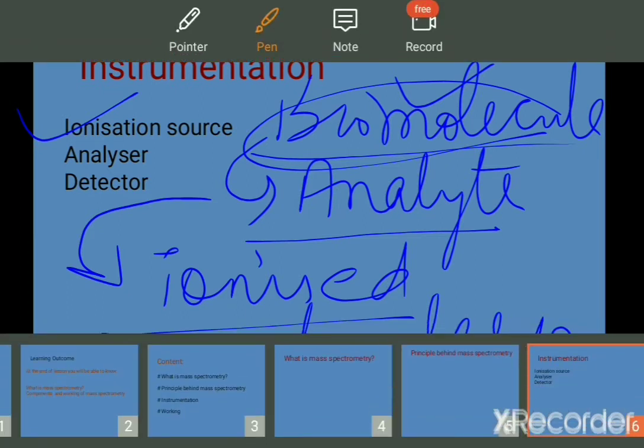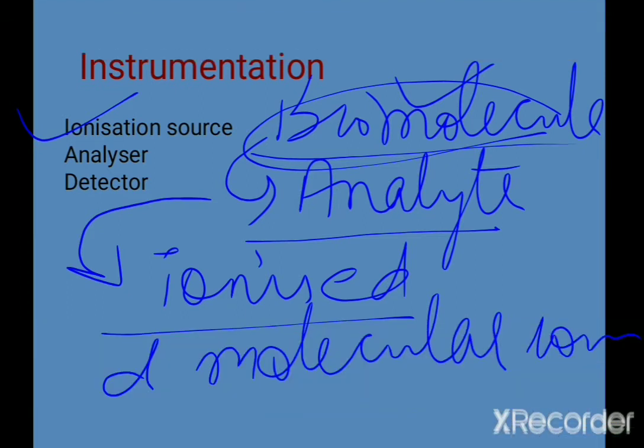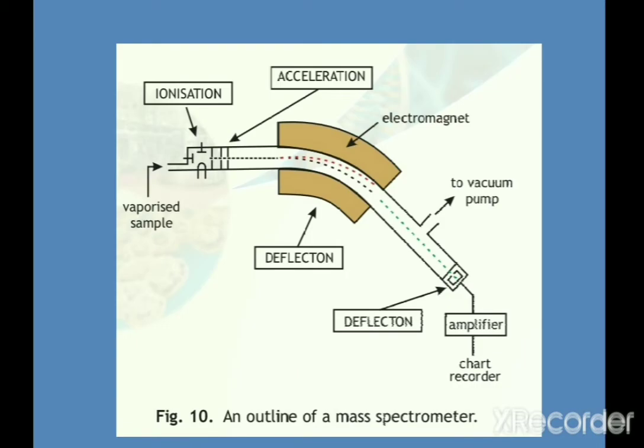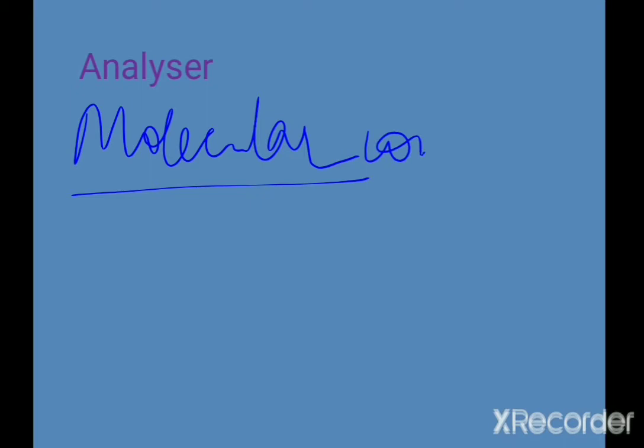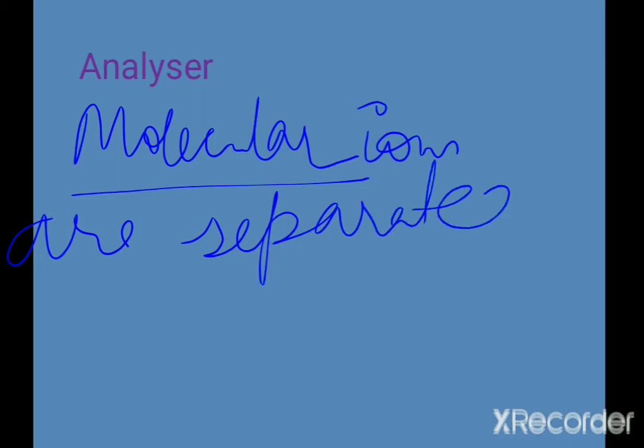Now talking about the next component, that is the analyzer. So in the analyzer, what happens? The molecular ions generated in the source of ionization are separated according to their mass by charge ratio.